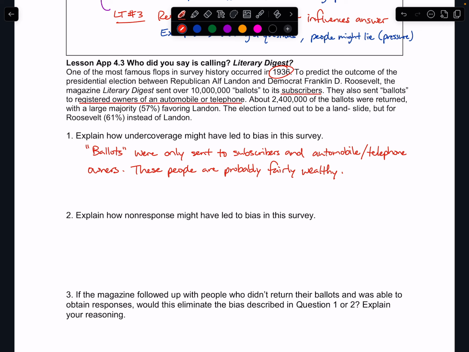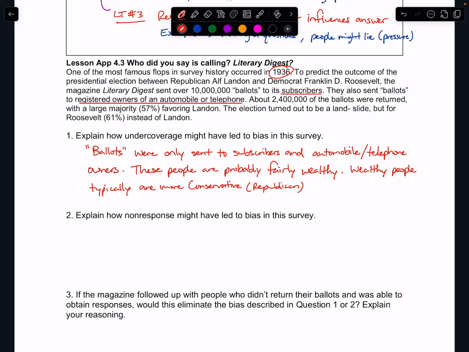And so because of this, those wealthy people, people who typically have a lot of money, typically are more conservative, aka Republican.